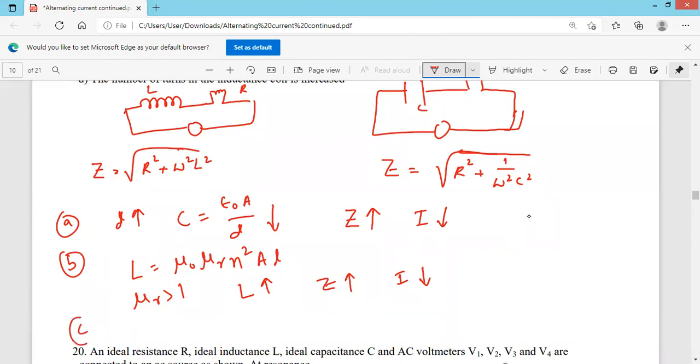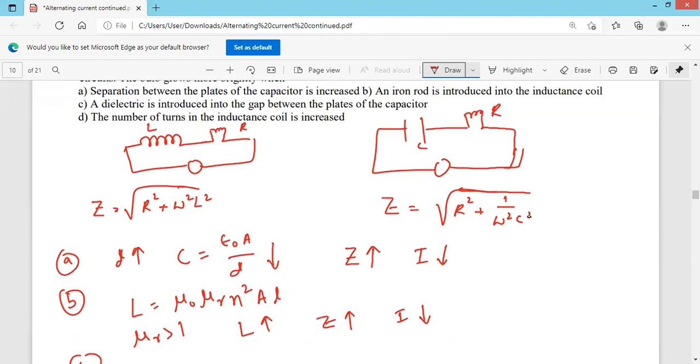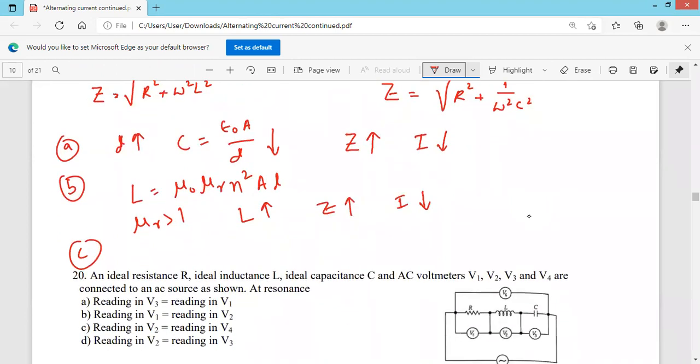Next, C. A dielectric is introduced into the gap between the plates of the capacitor. When the dielectric of dielectric constant epsilon r is introduced, capacitance is equal to epsilon naught into epsilon r A by D. Therefore, capacitance increases.